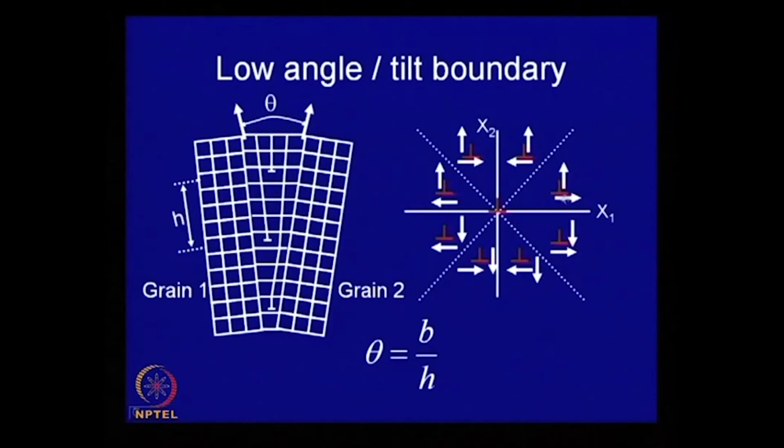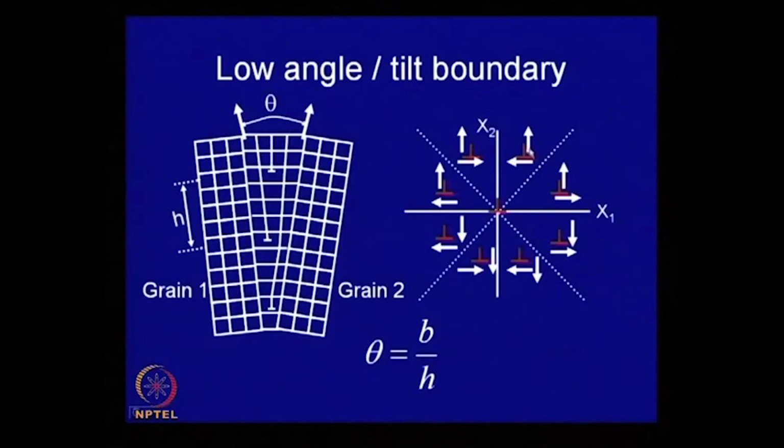Like here, if it is located over here, you will find that there will be a climb force acting on this, which can help that dislocation to climb, and there will also be a repulsive force which will try to push this dislocation further apart.